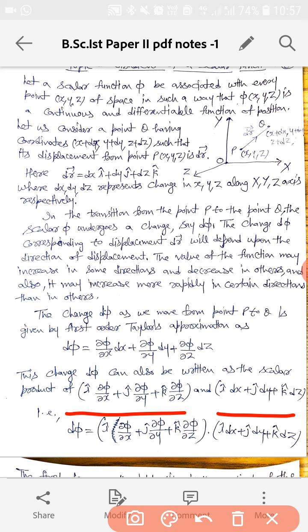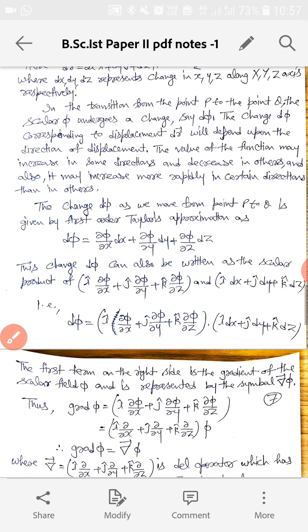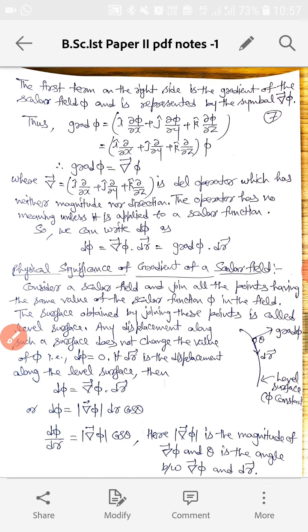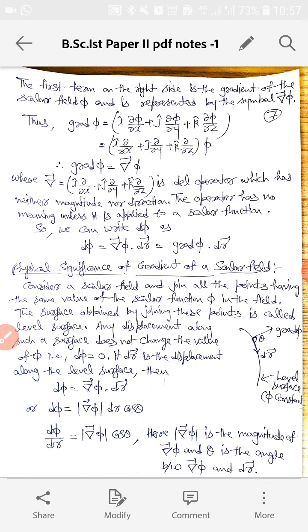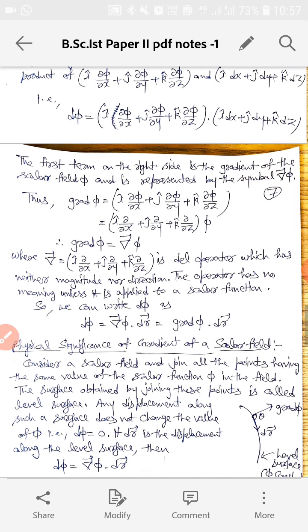So the above term can be rewritten as the dot product of these two terms. The first term on the right hand side is known as the gradient of the scalar field. So this first term is important to us in this last equation.